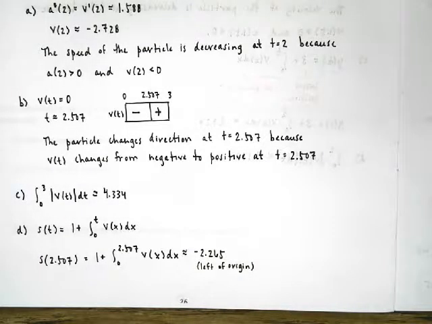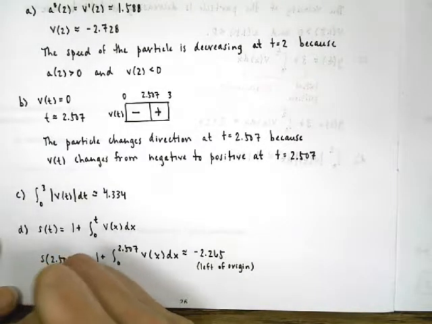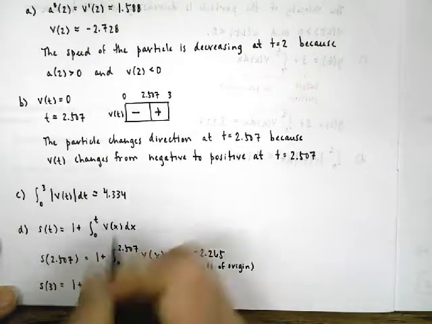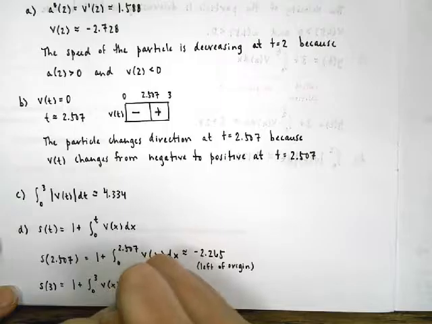So now let's see where we end up at s of 3. We're going to use our same position function. So 1 plus the integral from 0 to 3 of our velocity function.